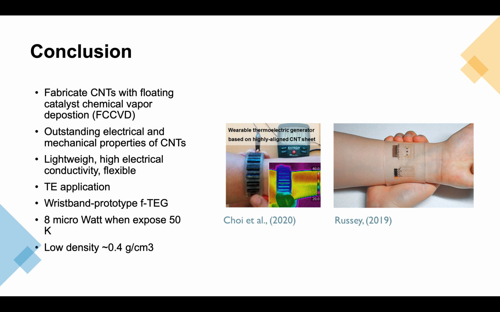So for the last one, they use a technique called floating catalyst chemical vapor deposition, which results in fabricating a flexible, long, single thread carbon nanotube yarn with a highly aligned structure, which can then be multifunctionalized with positive and negative legs and electrodes without additional deposition process required.